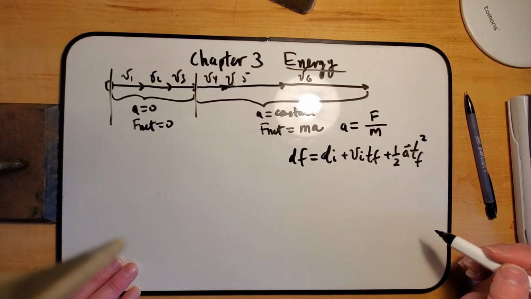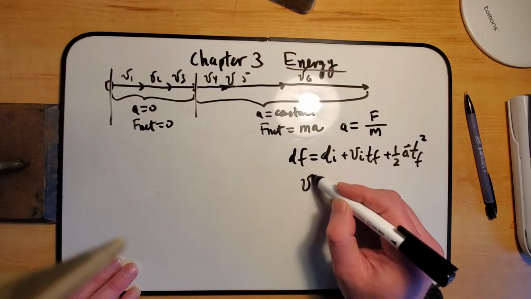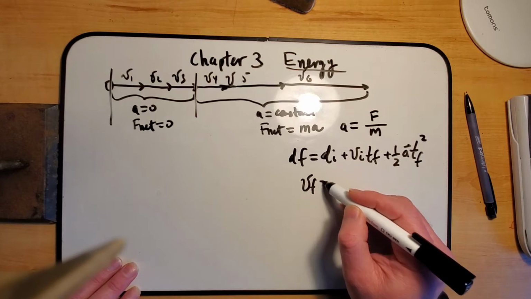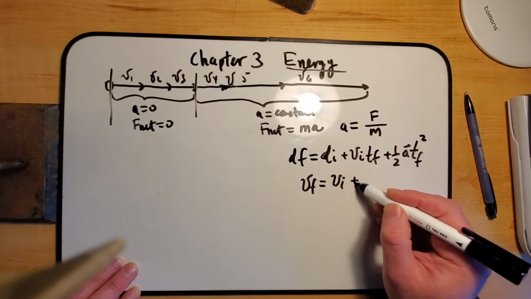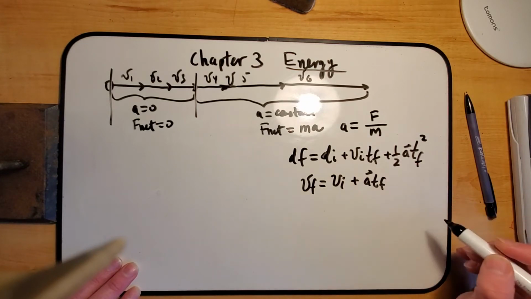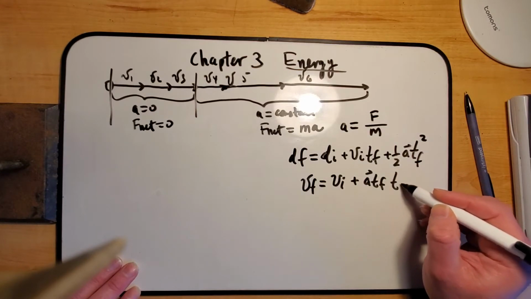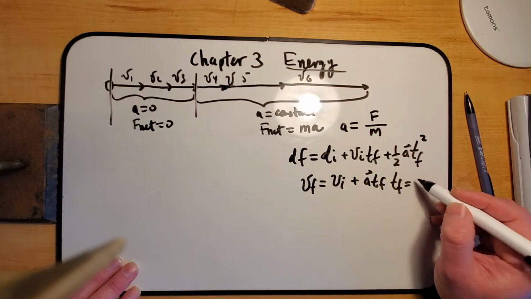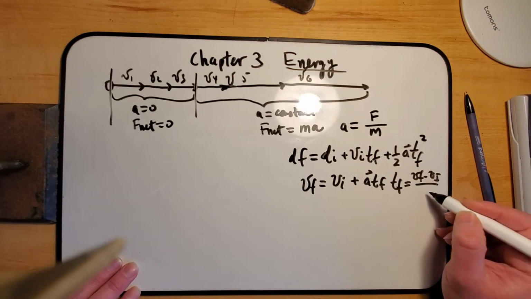The other formula we derived was v final equals v initial plus a t final. From this formula you can find that t final is equal to v final minus v initial divided by a.